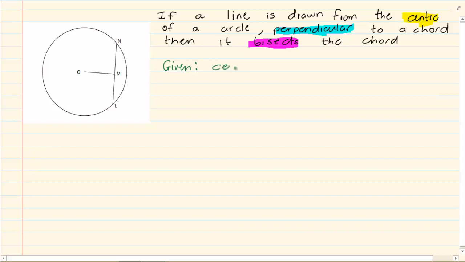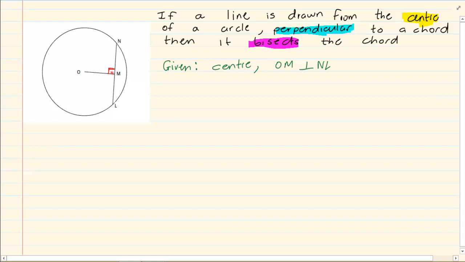They have given us the center, and they had told us that OM is perpendicular to NL, meaning it is 90 degrees.